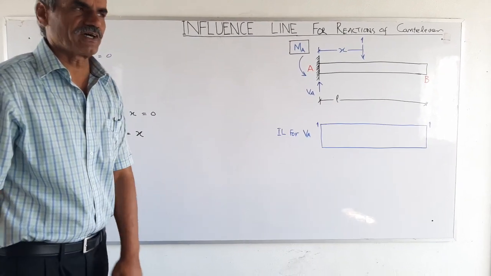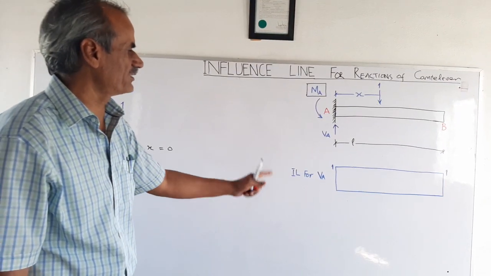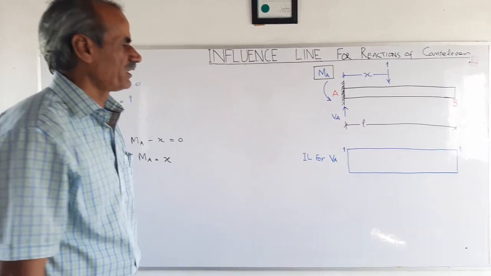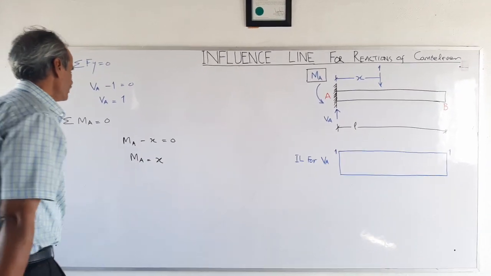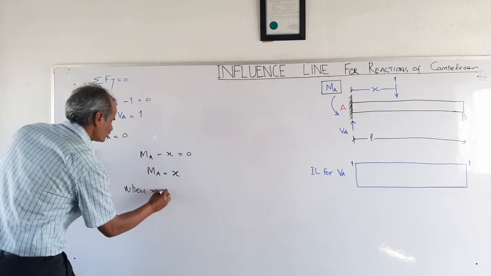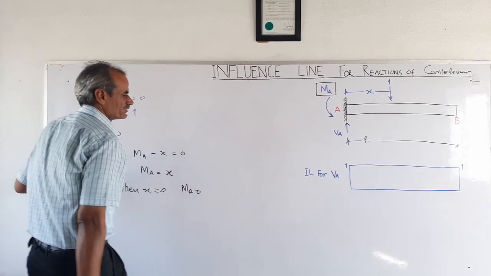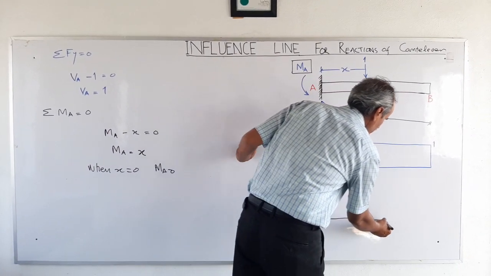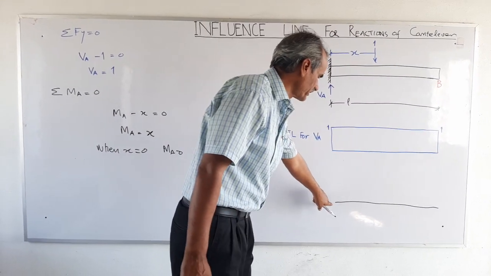This equation, when we apply the boundary conditions, will give us the ordinates of the influence line diagram anywhere along the length. When x is equal to 0, of course MA is equal to 0. So if we draw the influence line, this is the reference line and the first ordinate is 0.